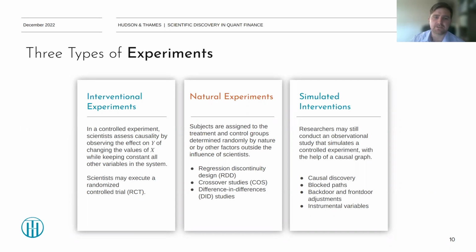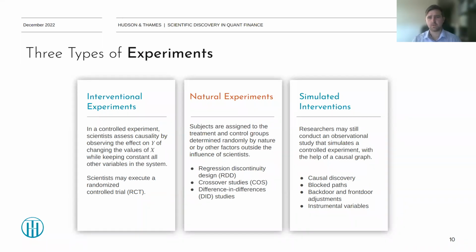The crossover studies have this longitudinal factor where they are time related as well. And in difference-in-differences studies, you eliminate this time-varying component that the experiment may exhibit. So there are different types of natural experiments. These are also just the three that Professor de Prado mentioned in his paper.